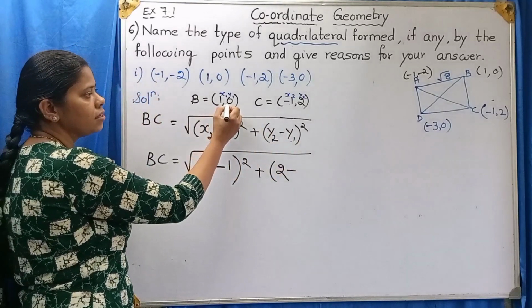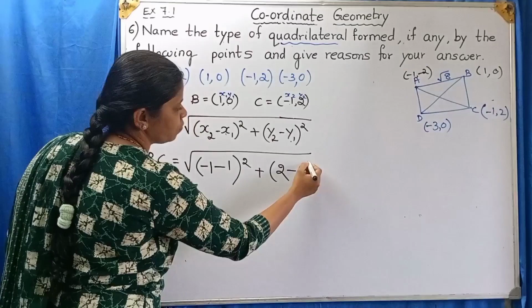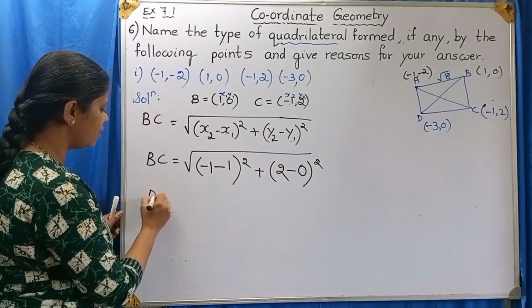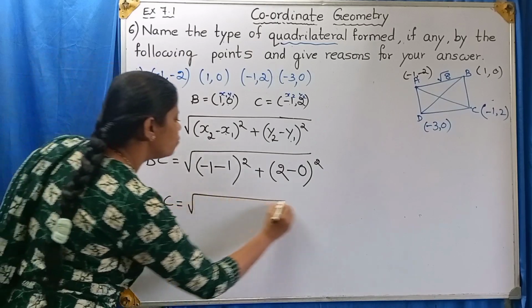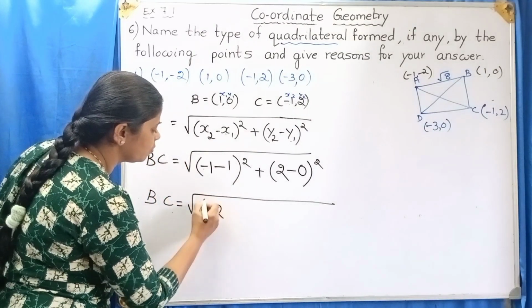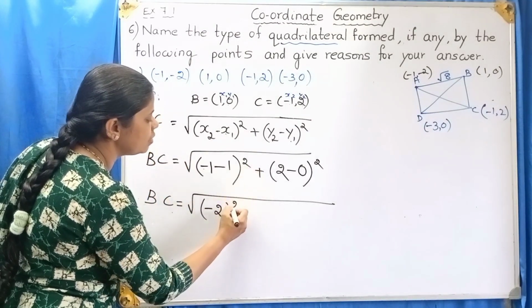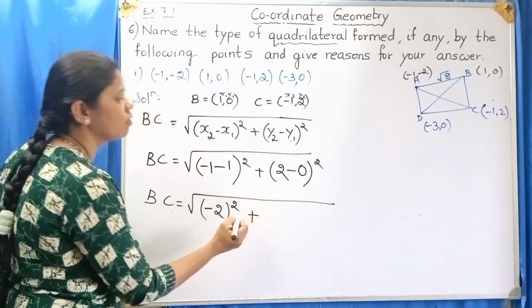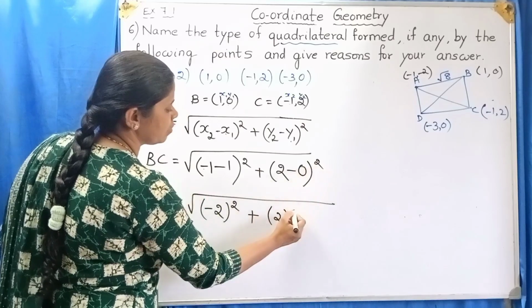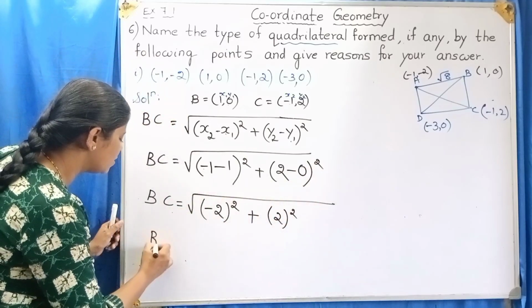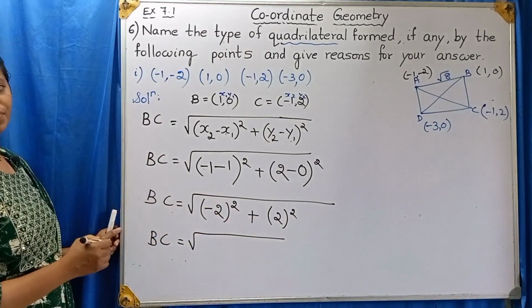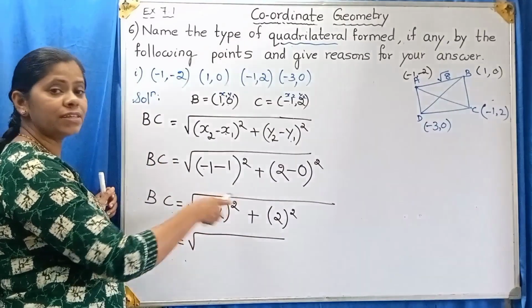The value of y1 is 0. Bracket close, and for the square, let us write square. BC is equal to square root of minus 1 minus 1 is what? Minus 2. For the square, let us write square. Plus 2 minus 0 is what? 2. 2 square. BC is equal to square root of minus 2 the whole square. Minus 2, it is present 2 times, right?